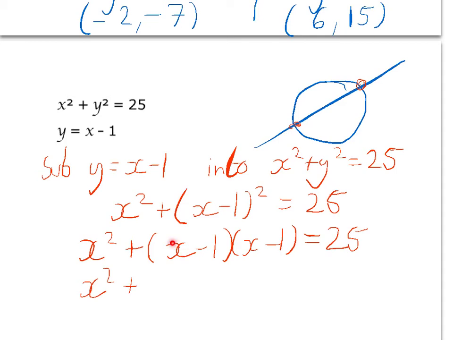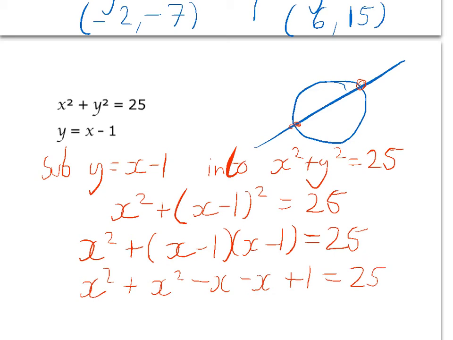We're going to have x times x, which is x squared. We're going to have x times minus 1, which is minus x. Minus 1 times x, which is minus x. And minus 1 times minus 1, which is 1. And that's equal to 25.